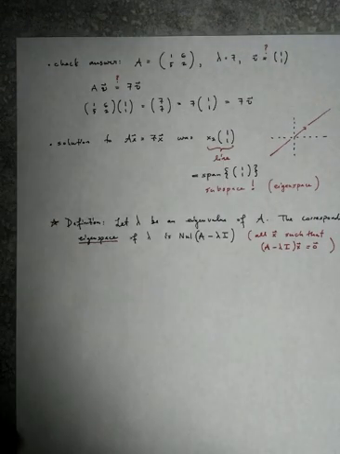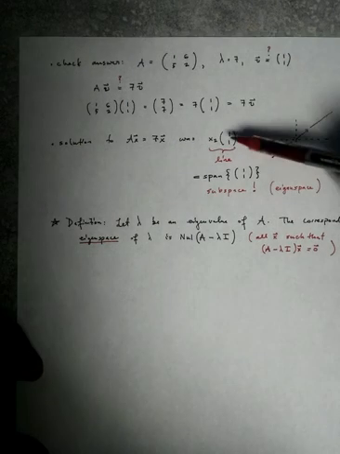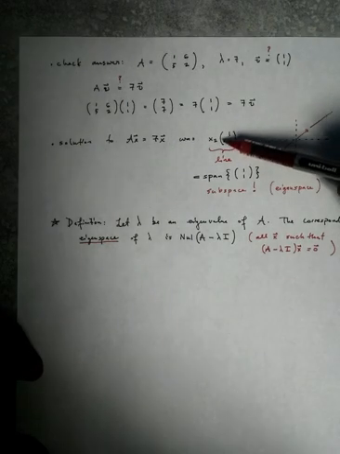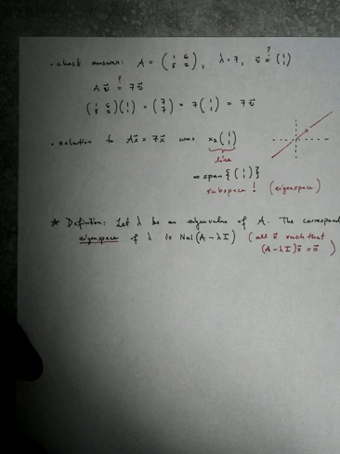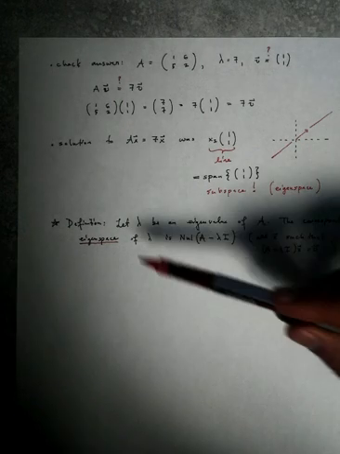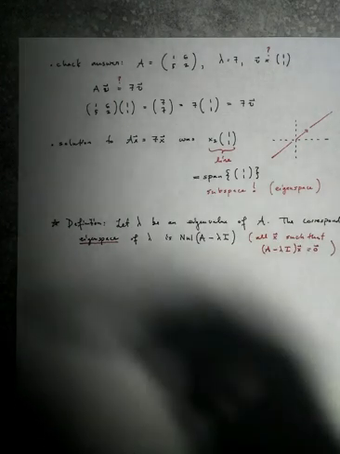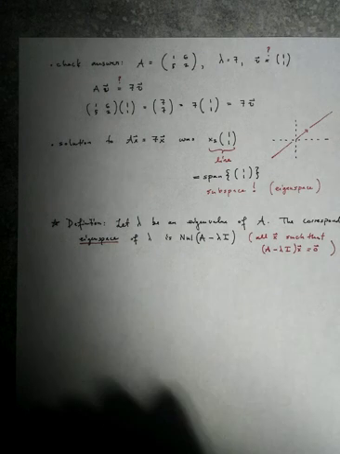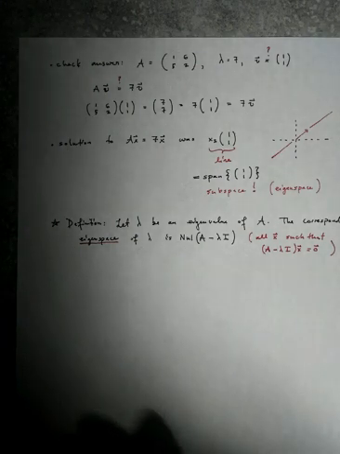In the last example, I got all scalar multiples of this vector. So this eigenspace of 7 is a line, and it's spanned by the vector [1, 1].